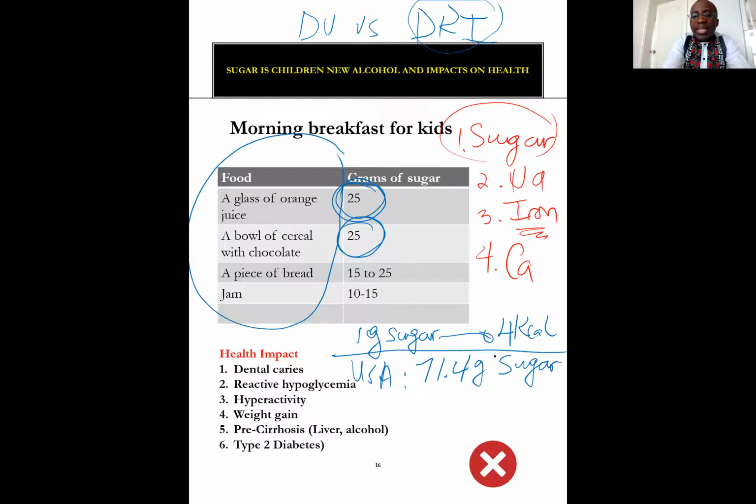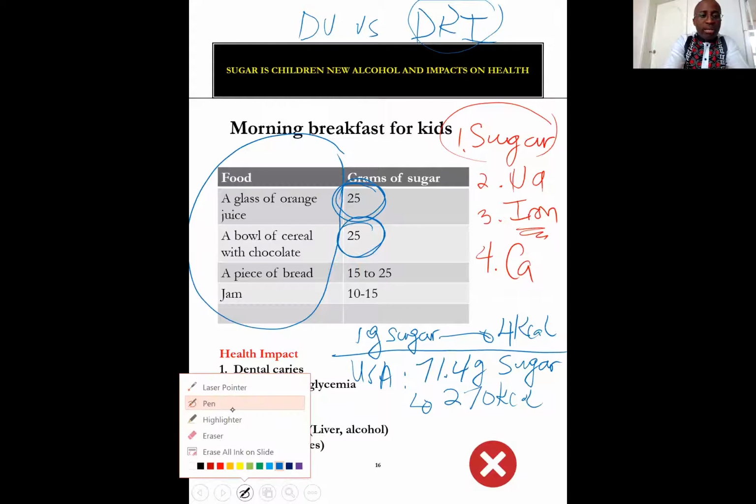So how many calories do I have from 71.4 grams of sugar? I have around 270 kilocalories. That's too much.